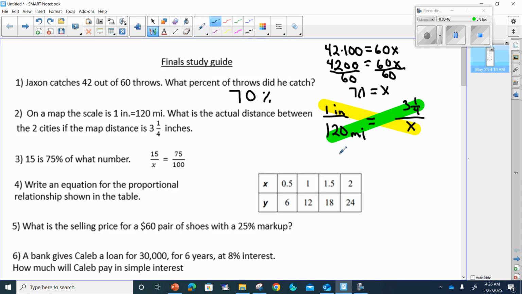So one might ask, how do you take 120 and multiply it to 3 1/4? One way is to go around the world with 3 1/4. 3 times 4 is 12, and 12 plus 1 is 13.